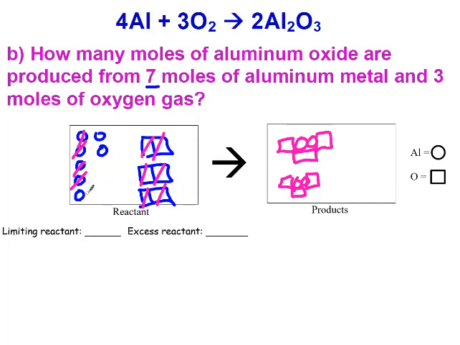And now I have 3 circles left over. So since my circles are left over, then I have limiting is oxygen this time, and I have excess aluminum.